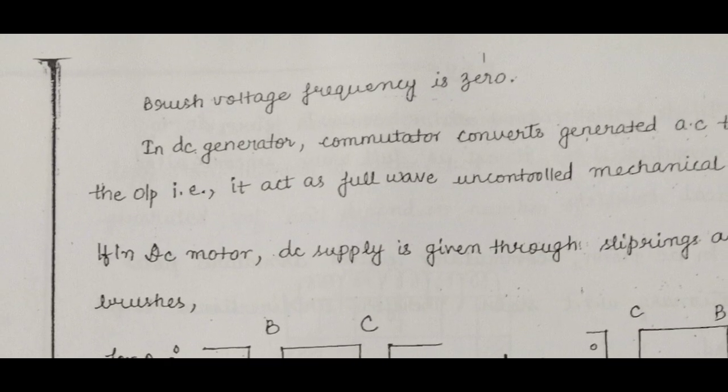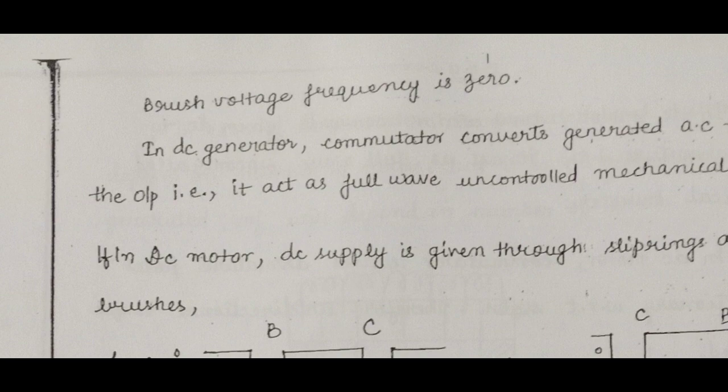After the commutator converts the voltage from AC to DC, in a DC generator the available voltage at the armature is AC. That voltage is converted into DC by the commutator. The voltage available at the commutator is DC, and the DC is collected by the brushes.